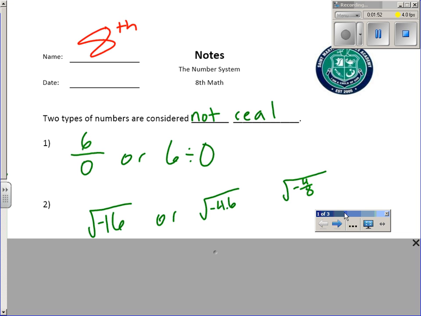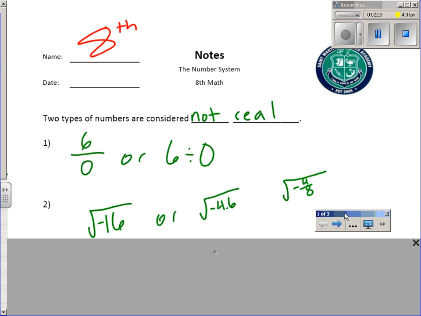So there's no way a number multiplied by itself would be a negative answer, because a number like, say, -2 times -2 is going to be +4. It's always going to be a positive times a positive or a negative times a negative, and your answer will be positive. So square roots of negative numbers cannot exist, so we say they're not real.